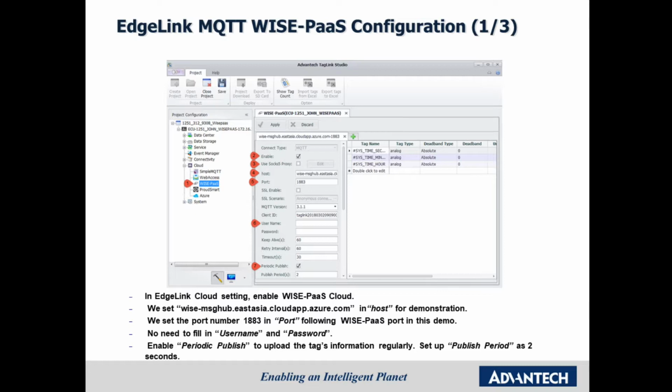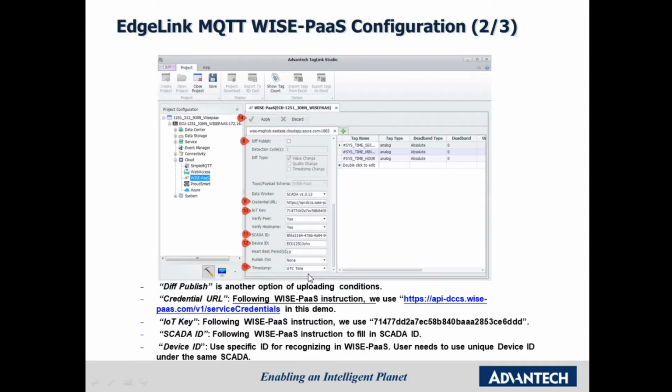And you need to choose the username and the password, and also there is a default host. User may not need to change it. And enable the periodic publish for publishing. For example, we set it here as 2 seconds. And more details are like this.